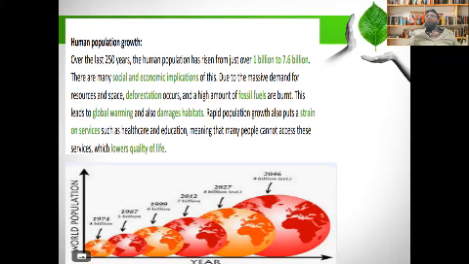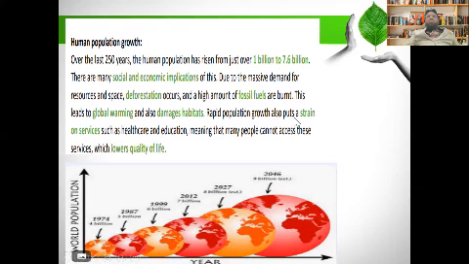So of course we have to cut down the trees, and when we cut down the trees, the populations of other organisms are going to be affected. So deforestation occurs and a high amount of fossil fuels are burned. This leads to global warming and also damages the habitat.